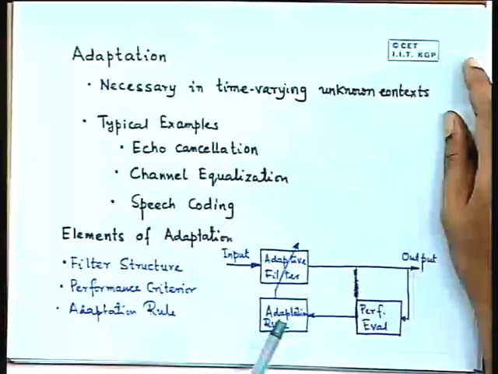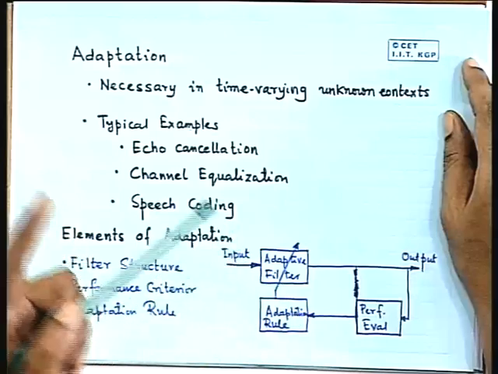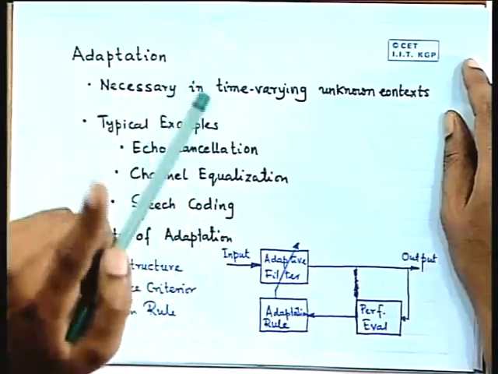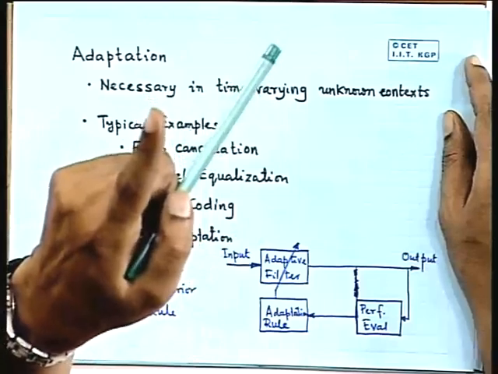Now if you want to change any one of these dynamically, then you are trying to change the adaptation rule. You are trying to change the adaptive system itself. Such systems are generally called learning systems. So learning systems are a higher level of adaptation, where you try to change the adaptation system itself, which changes the controller in turn, which changes the signal in turn, right. So you can have various levels of things, but this is what is generally understood as adaptation.